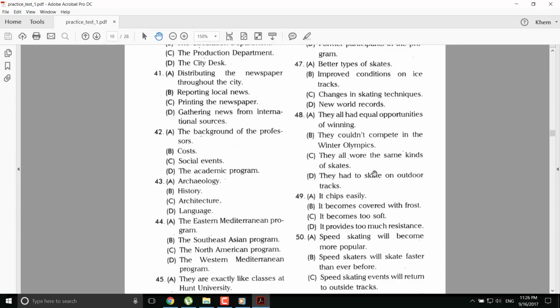Number 47. What aspect of speed skating does the speaker primarily discuss? Number 48. What does the speaker imply about speed skaters who competed before the most recent Winter Olympics?